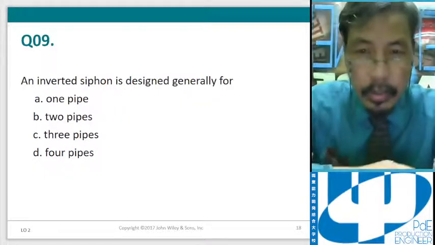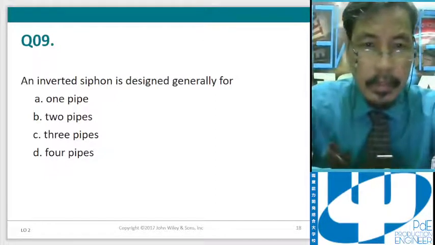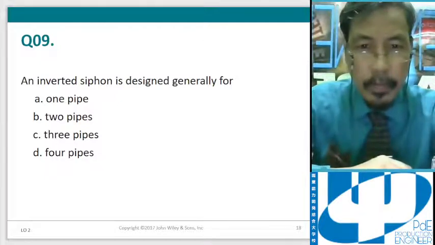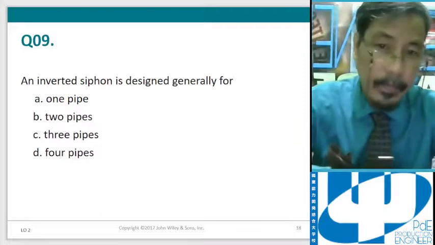So question 9. An inverted siphon is designed generally for. A is 1 pipe, B 2 pipes, C 3 pipes, D 4 pipes. Inverted siphon is 3 pipes.